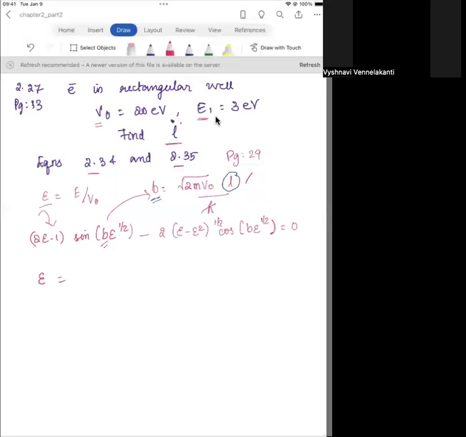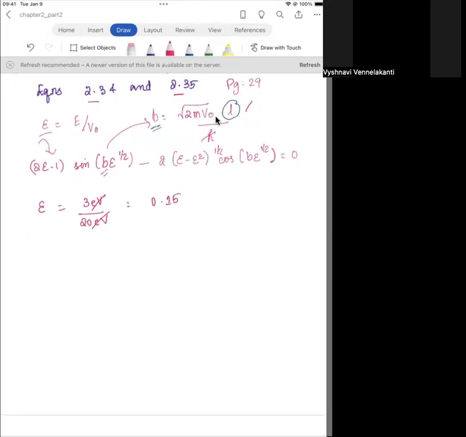Let's compute epsilon first. Epsilon will be 3 eV divided by 20 eV. The units get cancelled since this is a dimensionless constant, so that makes perfect sense. The value of epsilon is 0.15, right? Now let's plug this value in here.